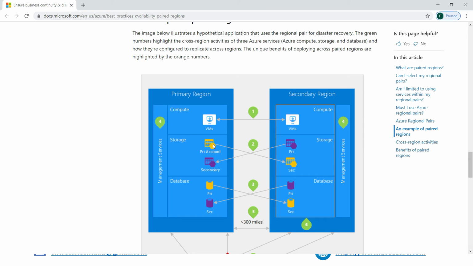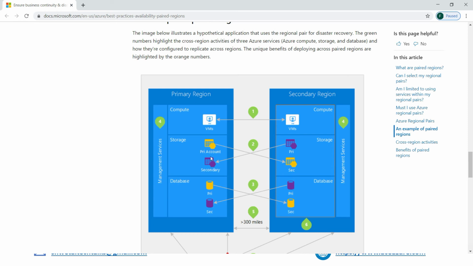And for it, if there is any region failure, then the failover automatically happens to the secondary region, because automatic replication is happening between the data in the primary account to a secondary region. Similarly, for this particular region's primary account, the other region becomes the secondary. And similarly, for databases like SQL Server database or Cosmos DB, you have similar primary and secondary database arrangements.